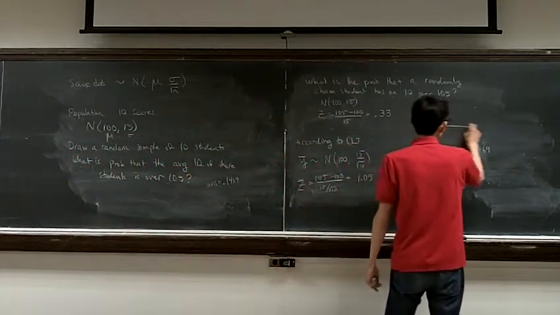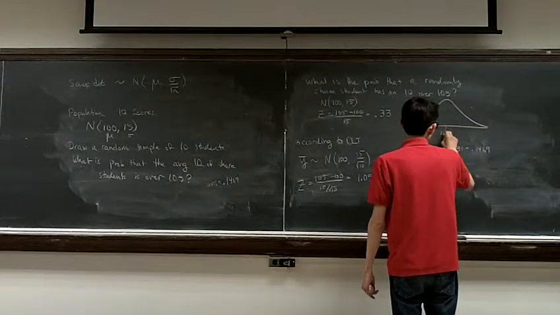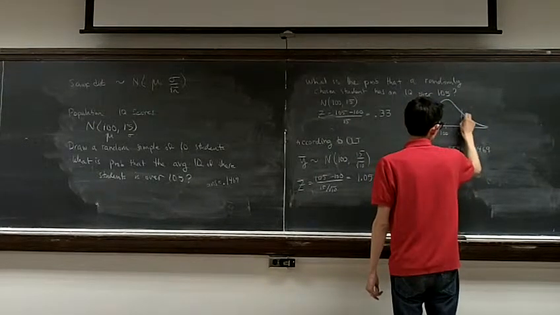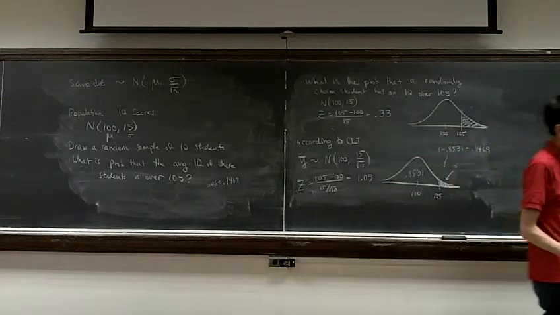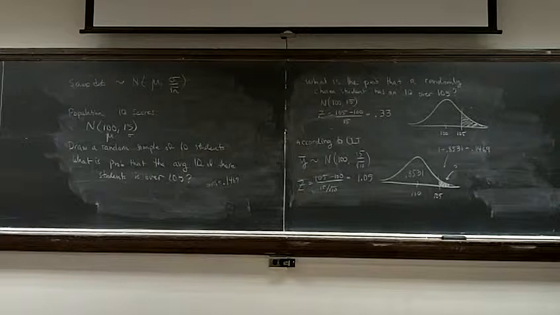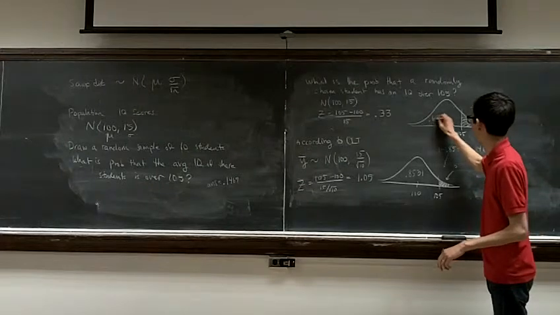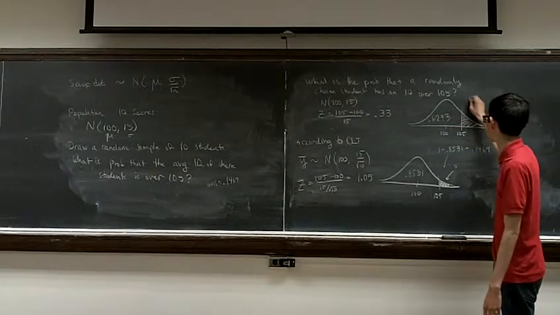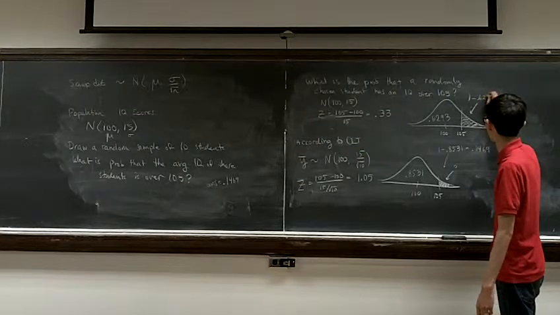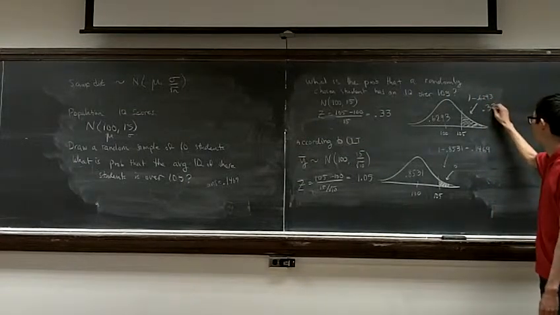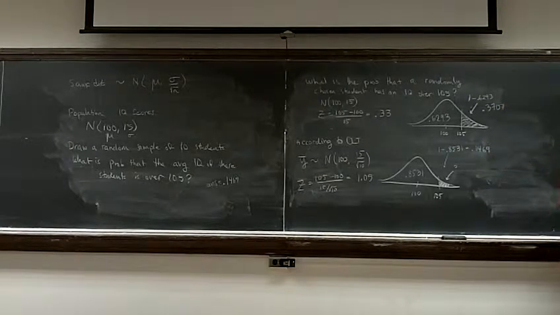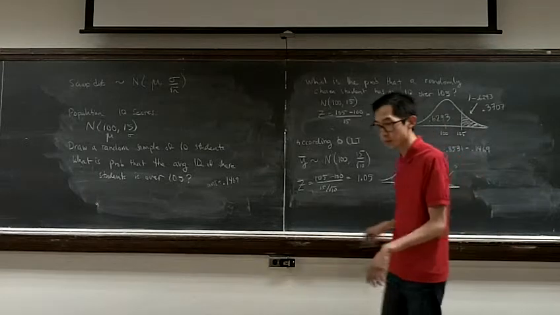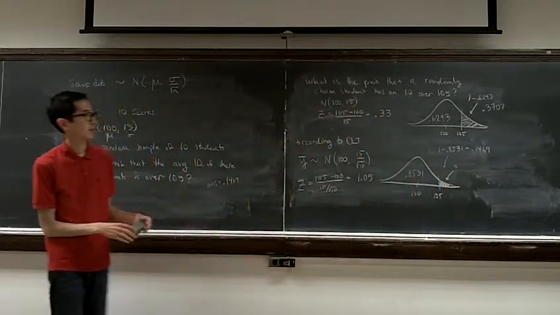When I look that up, the number to the left is 0.6293. I want the greater part, so I do 1 minus that, and I get 0.3707. Again, I could have looked up negative 0.33 instead and gotten 0.3707 directly.